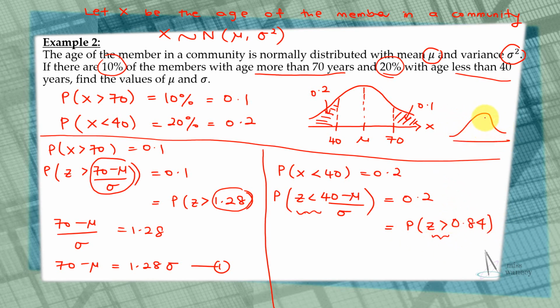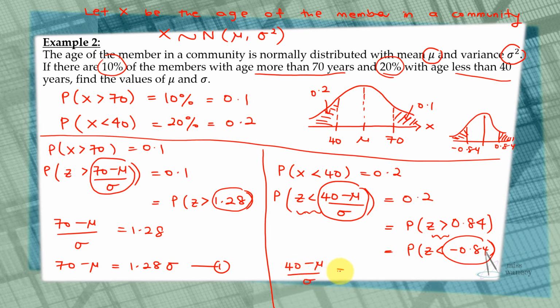If I have z greater than 0.84, this is similar to z less than negative 0.84. So I change this to the probability of z less than negative 0.84. Now both are less than, so we can easily compare. We get (40 minus mu) over sigma equal to negative 0.84, or 40 minus mu is negative 0.84 sigma. That is the second equation.